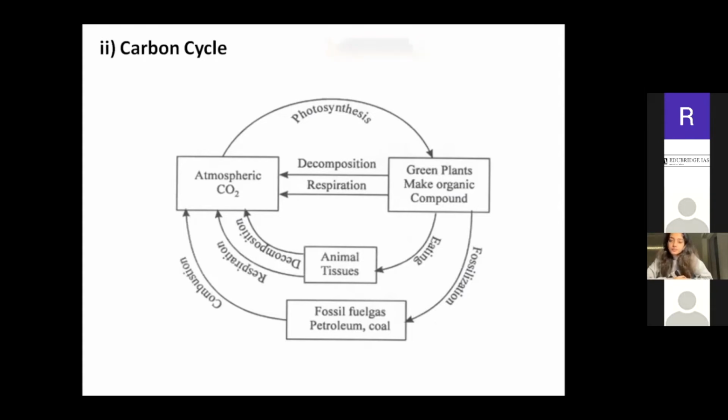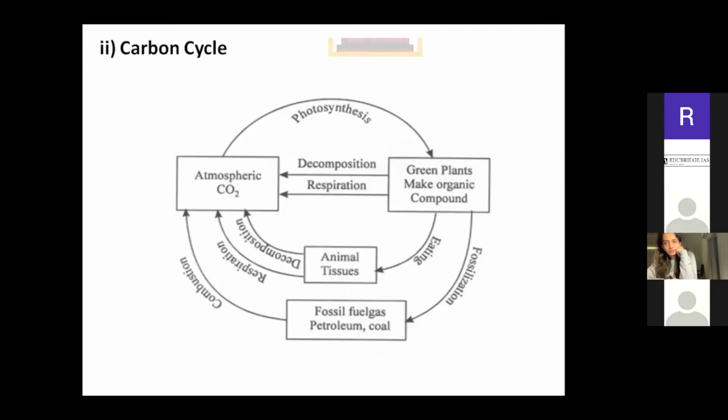Then through photosynthesis, as solar energy is converted into chemical energy, that energy can be transferred to other consumers, and those consumers, through respiration, give back the CO2 to the atmosphere. So photosynthesis is the process with which CO2 is taken up. Through respiration, CO2 is removed.